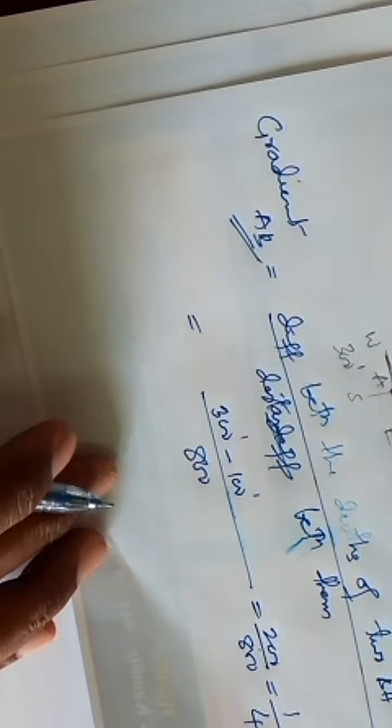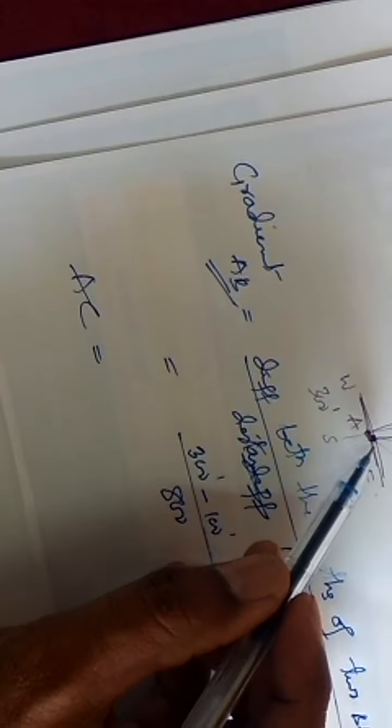Accordingly, you have to calculate the gradient AC. Gradient AC, friends. So how do you get gradient AC? Once again the same formula: the difference between the two depths. A is 300, C is 150. The difference is 150 here. The difference between the depths of two boreholes divided by the distance between them, it is 1200, friends.